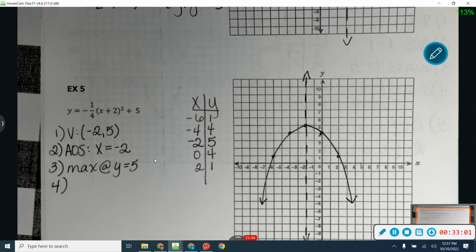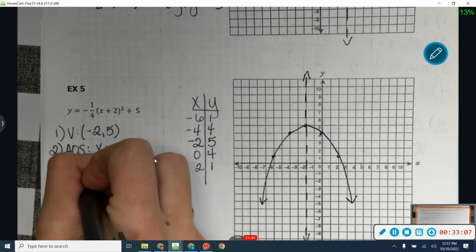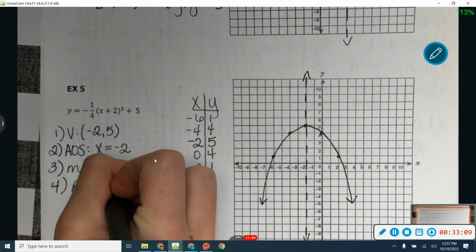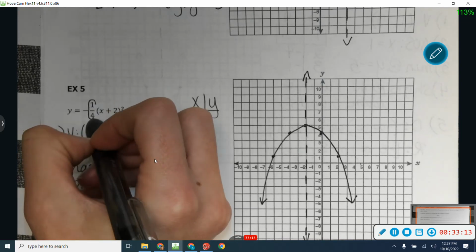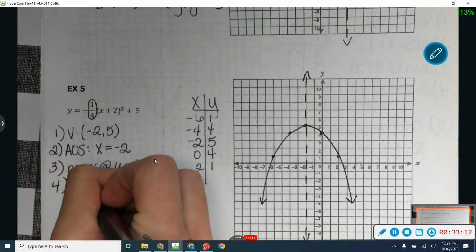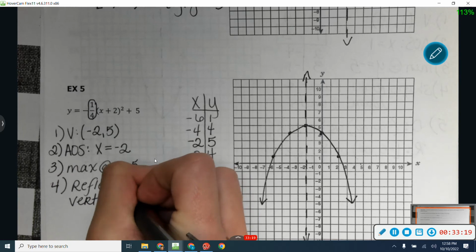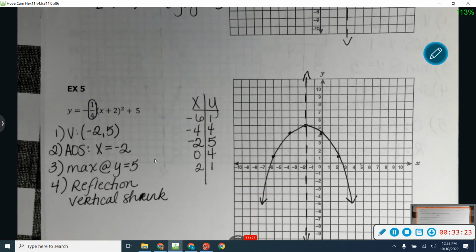Okay, for my transformations, left to right, what's this negative tell me? It's a reflection. Okay, what does this 1/4 tell me? It's a vertical shrink. I was going to have y'all do by a factor of, but I didn't have my last class do that, so we're not going to do that. We'll just say vertical shrink.